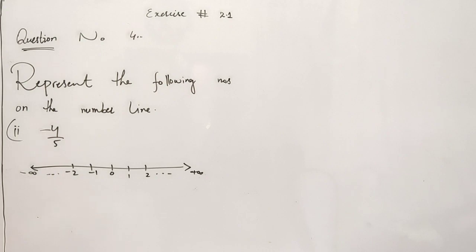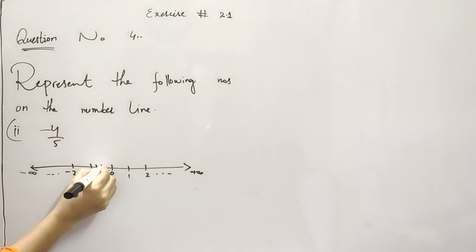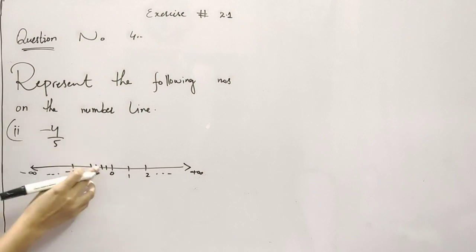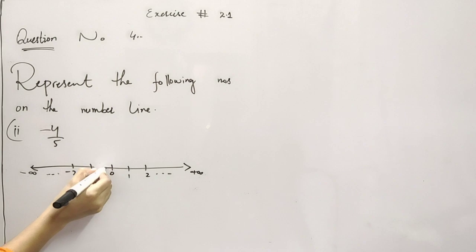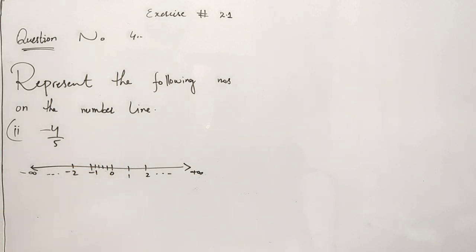Okay, so minus 4 by 5, divide the number line between 0 and minus 1 into five equal parts. 1, 2, 3, 4.